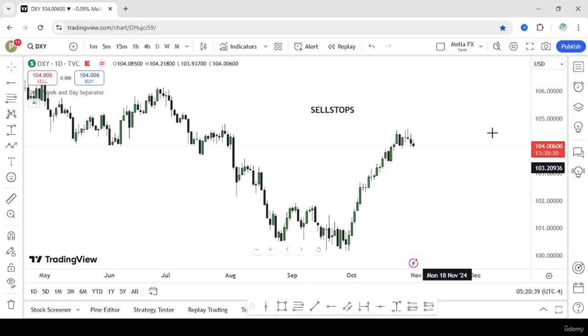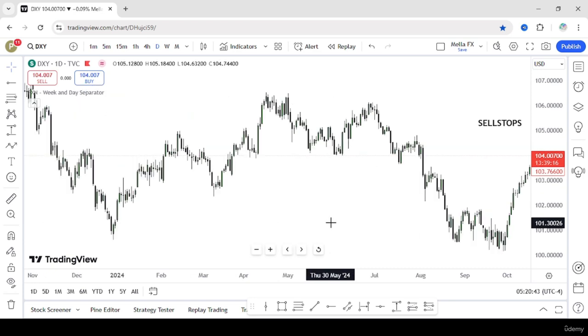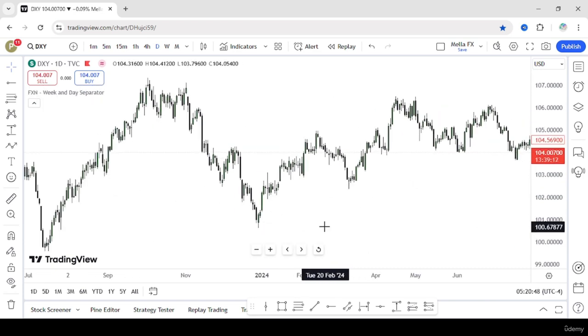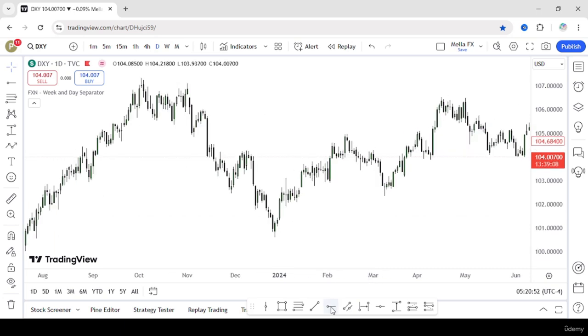So when we look at this example of the daily chart, let me show this example here. We can see that there was a form of relative equal lows at this point.